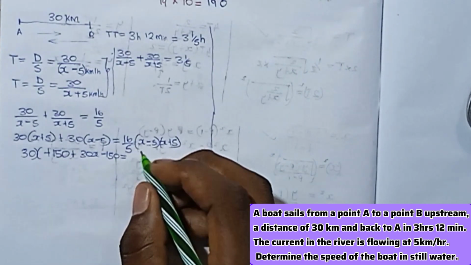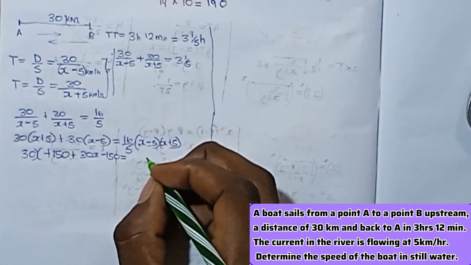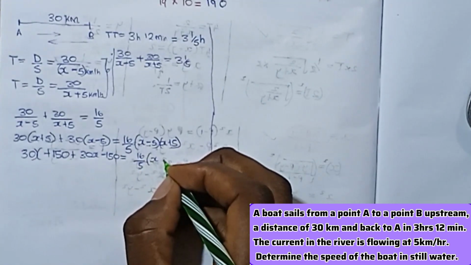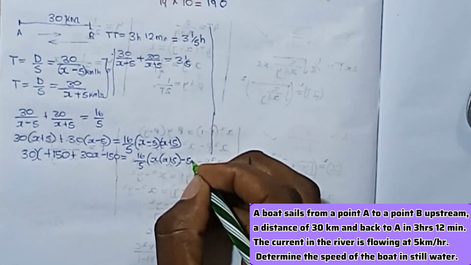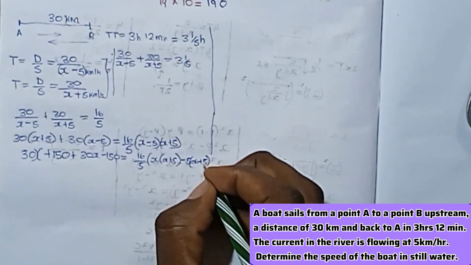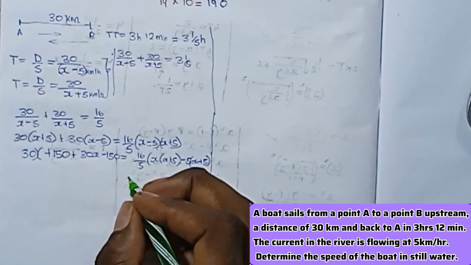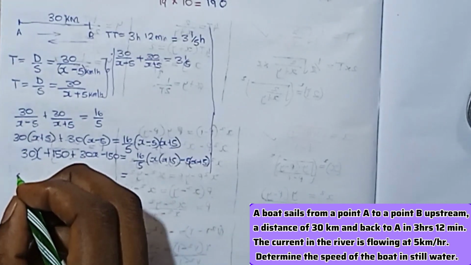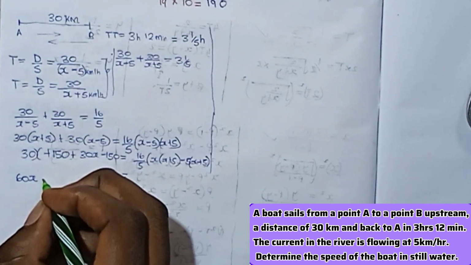Let us multiply this first. We're going to have 16 over 5 into x plus 5 and negative 5 into x plus 5. On the left, 30x plus 30x is equal to 60x, and 150 minus 150 is equal to 0.